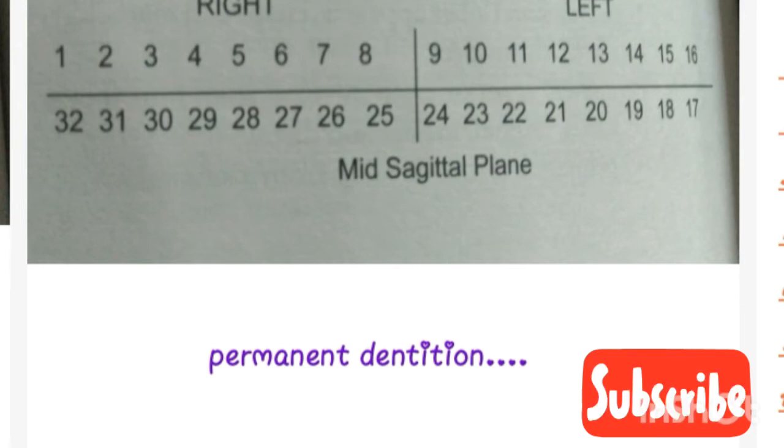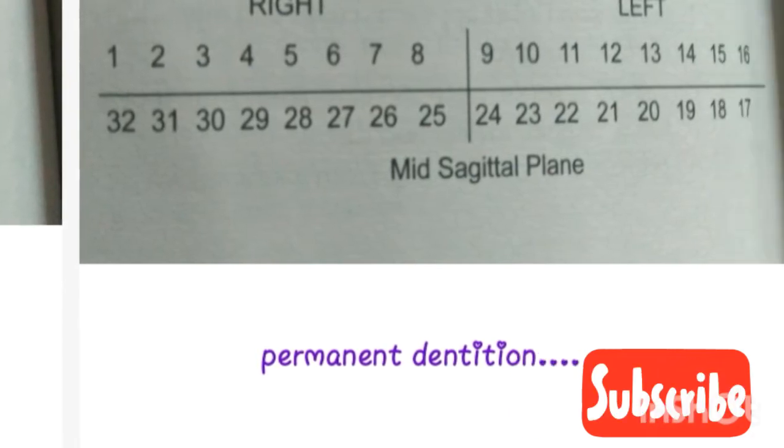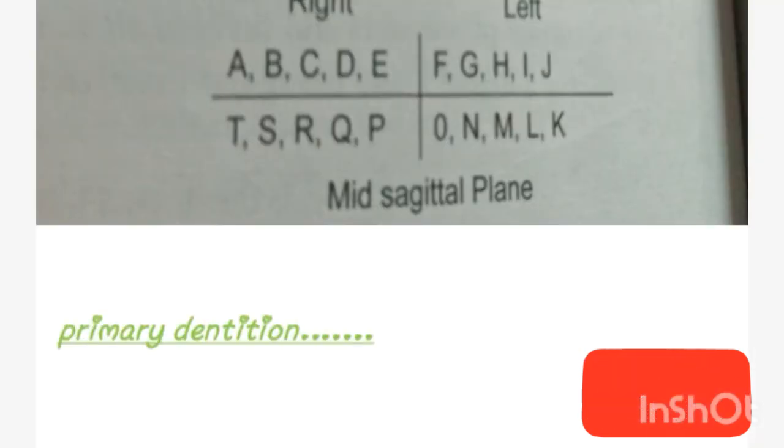And as we move forward, the number 8 is given for the right maxillary central incisor, and the number 25 for the right mandibular central incisor. In the same way, 9 denotes the left maxillary central incisor and 24 the left mandibular central incisor. Now coming to the primary dentition, what is happening here?